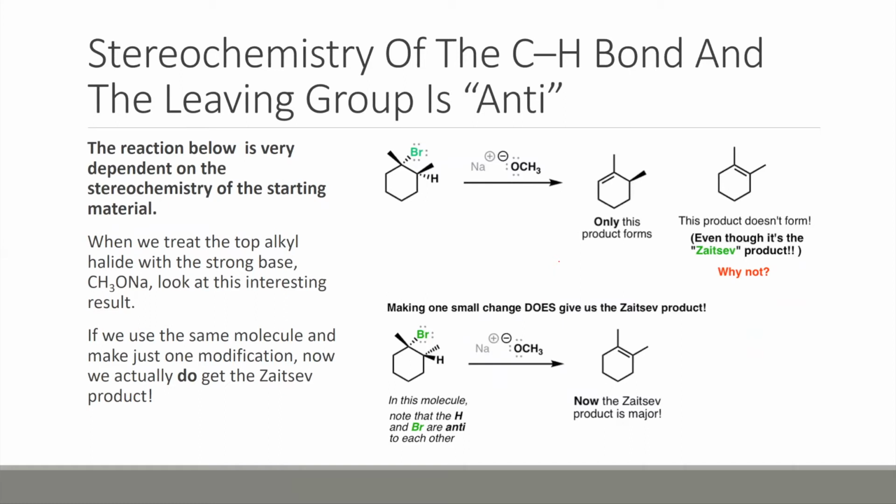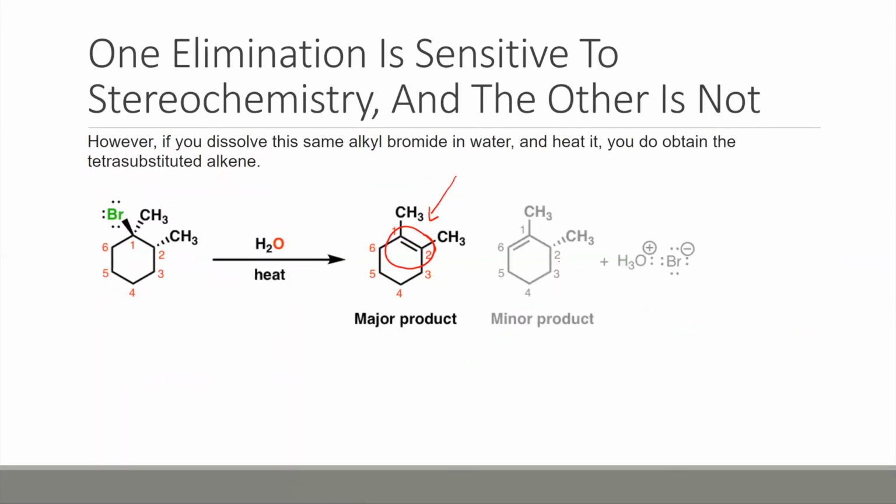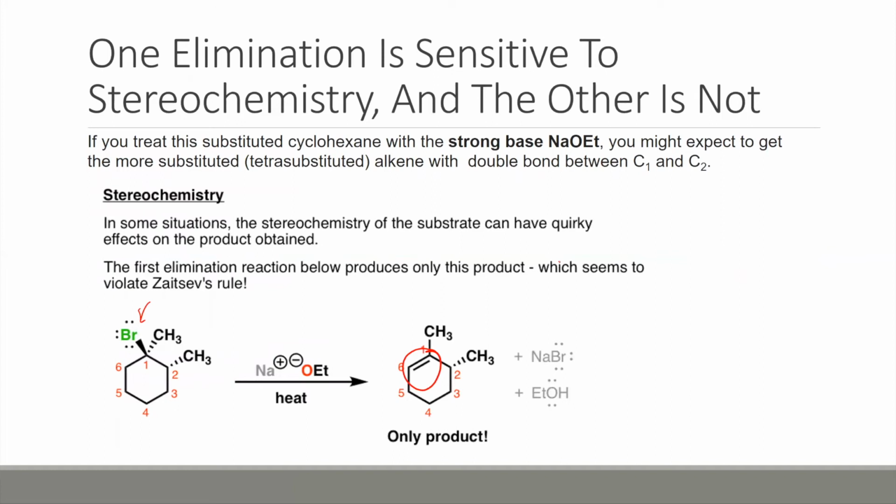Now, I talked about stereochemistry being something that affects one of our two reactions, and that is the E2 reaction. I'll actually go back to the slide to remind you. When I was talking about the different reactions, I noted that one of our reactions is sensitive to stereochemistry.